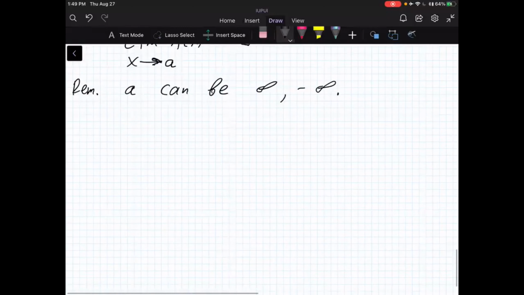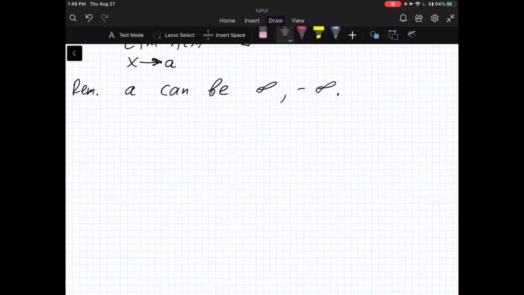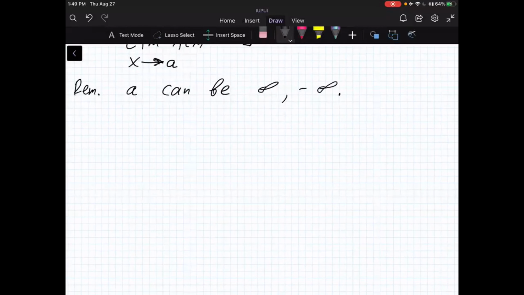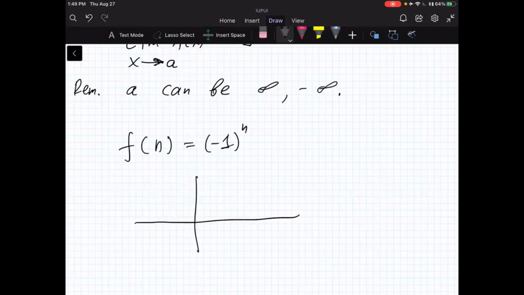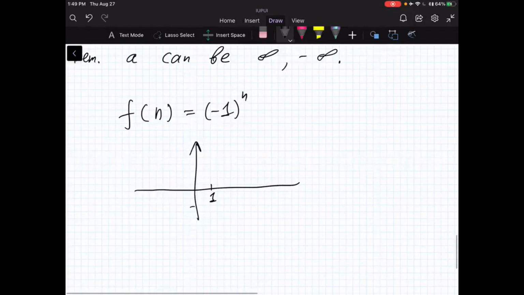Of course, sometimes the function may have no limit. What can be a simple example? Let's consider the function that is defined only for natural numbers, f of n equals -1 to the power n. What happens? At point 1, it will be -1.